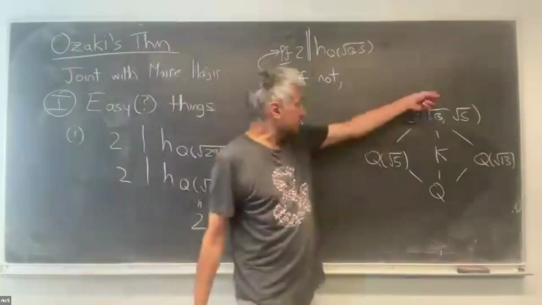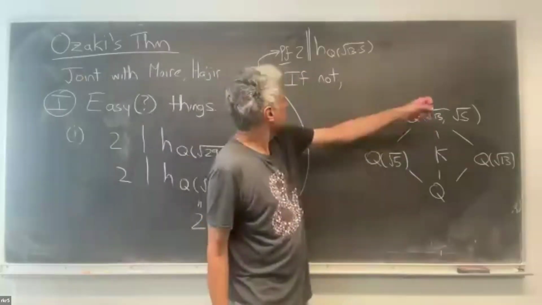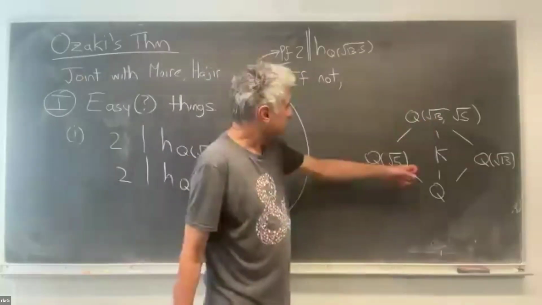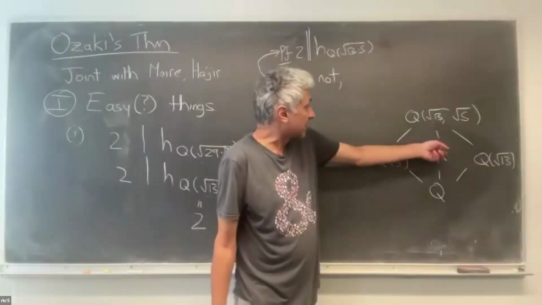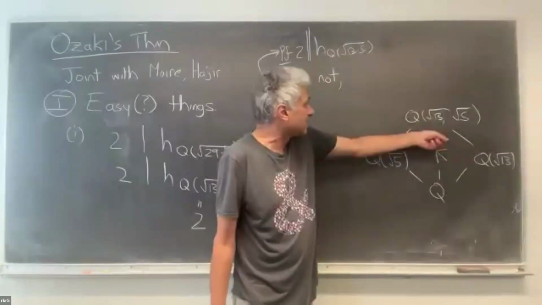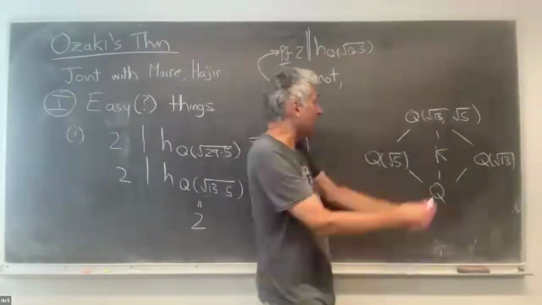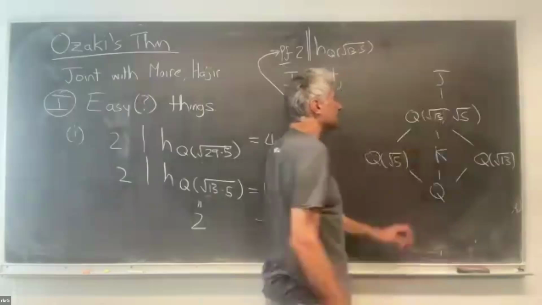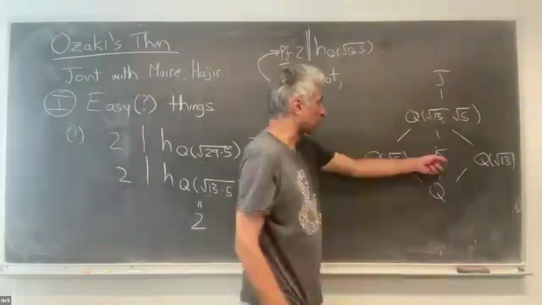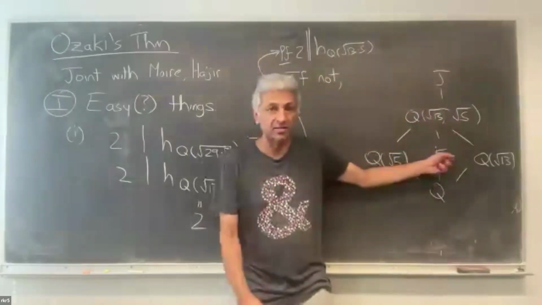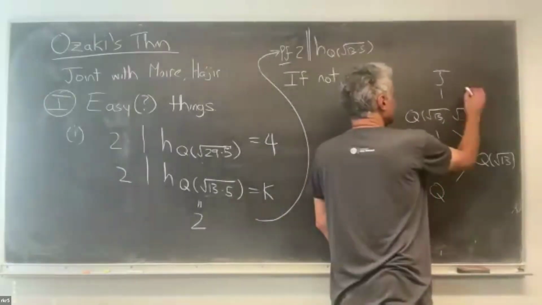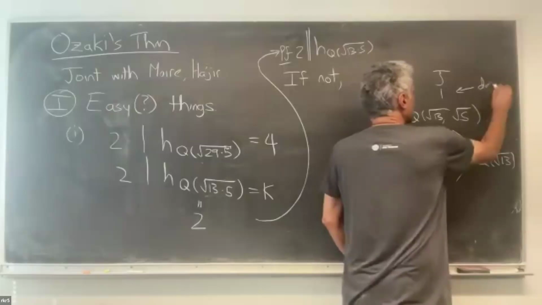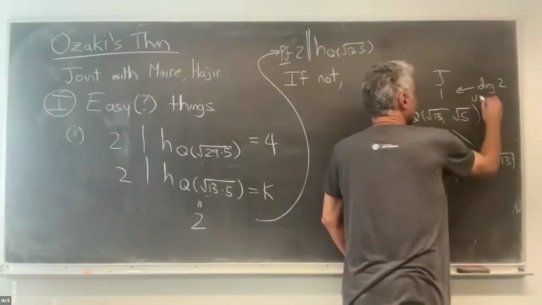But if not, that means that there is another Z mod 2 extension, or 4 divides it at least. And what you'll have is some unramified extension J over K that will be quadratic, degree 2 and unramified.